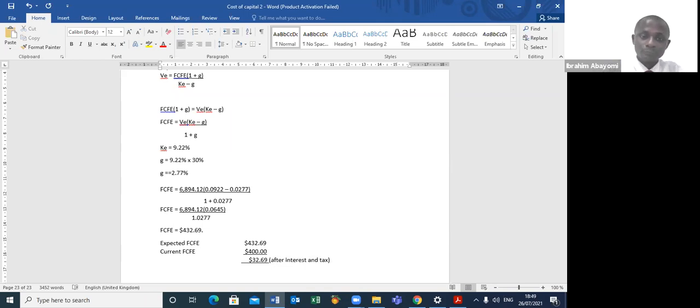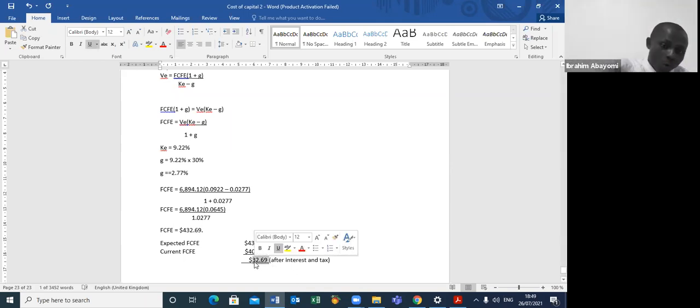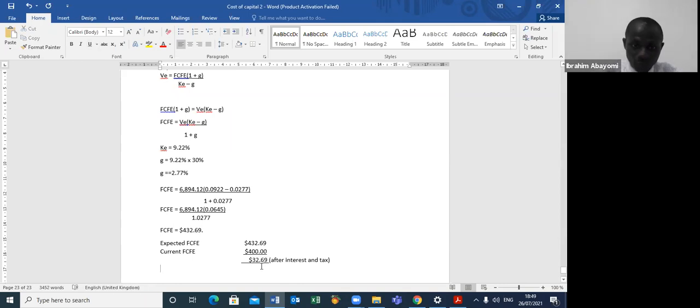Since this one is after tax, I will convert it to before tax. So let's continue. Free cash flow to equity after tax is what we have here as 32.69.